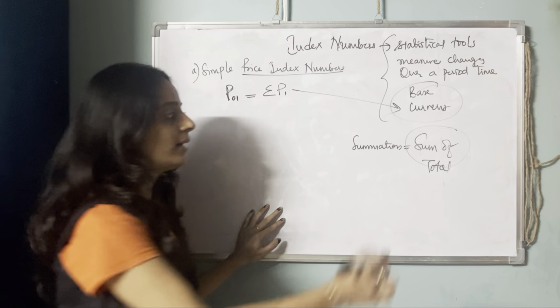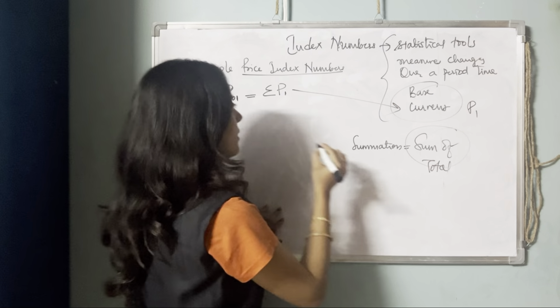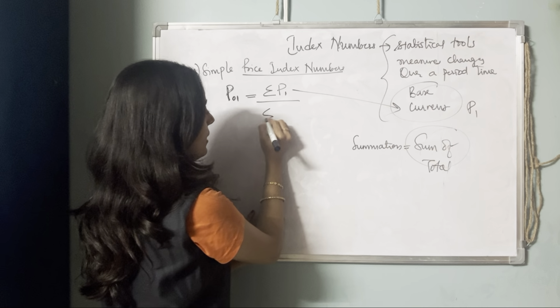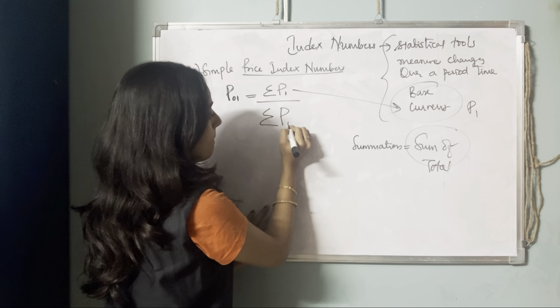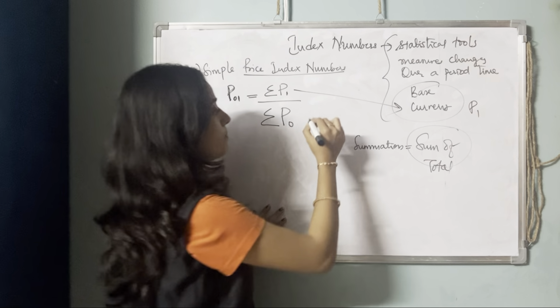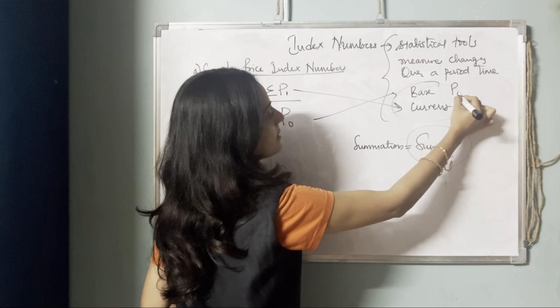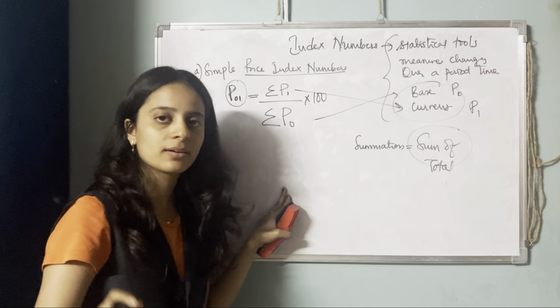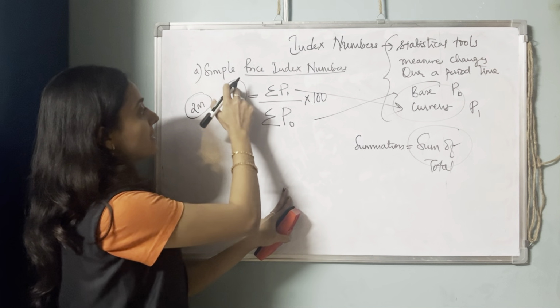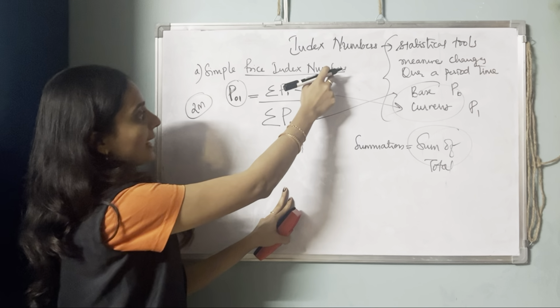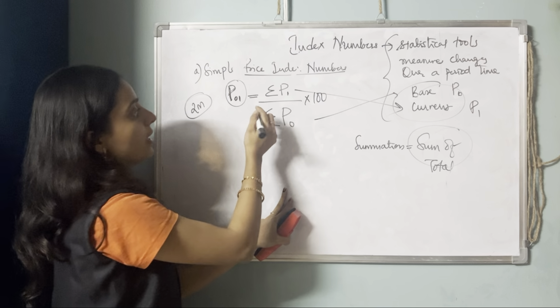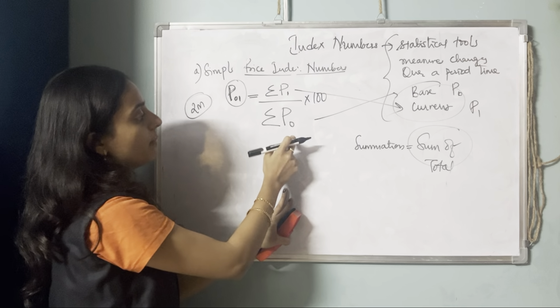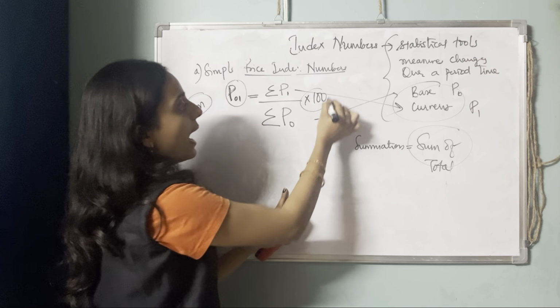P1 is the current price, divided by summation of P0. What is P0? Base price, right? Into 100. So what is P01? Simple price index number. Price index number stands for summation P1 by summation P0 into 100.